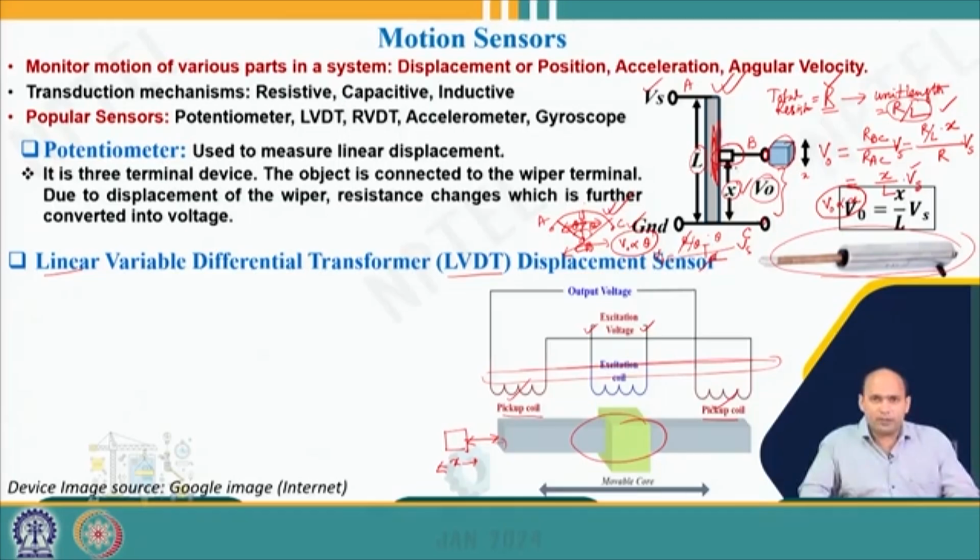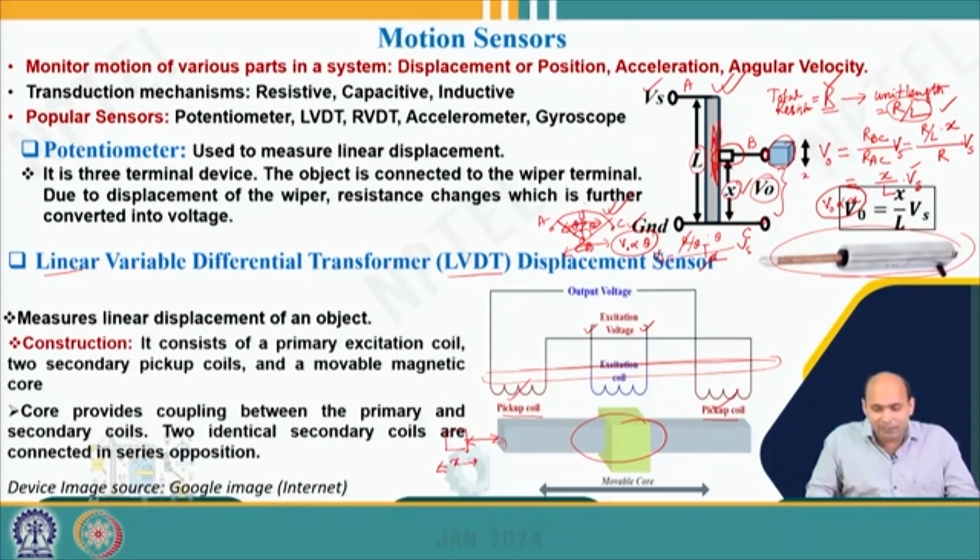So in this case the wiper is in direct contact with the potentiometer, and if it is in direct contact, then what will happen? You will get wear and tear loss. So your overall longevity or lifetime will be reduced.